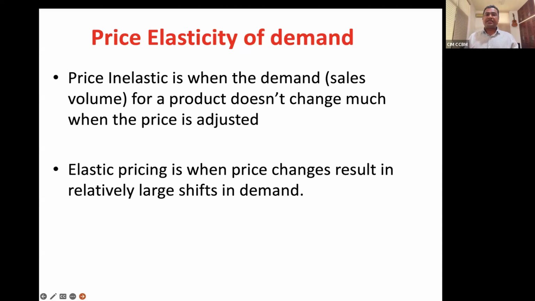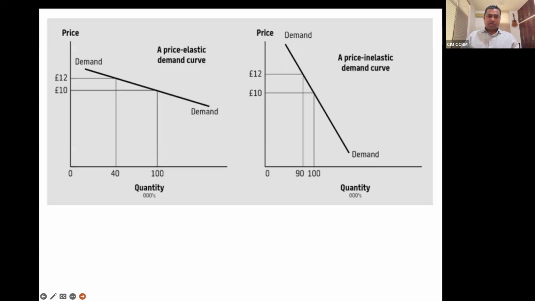Price elasticity of demand, right? So this is the demand curve. I'll explain this to you. Let's say you sell a product at 10 pounds and you sell 100 quantity.